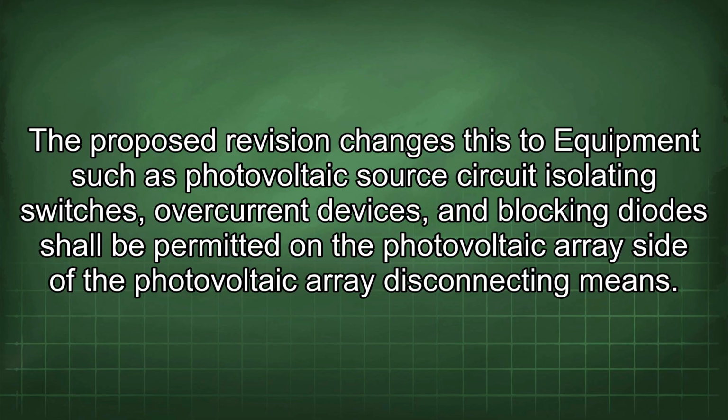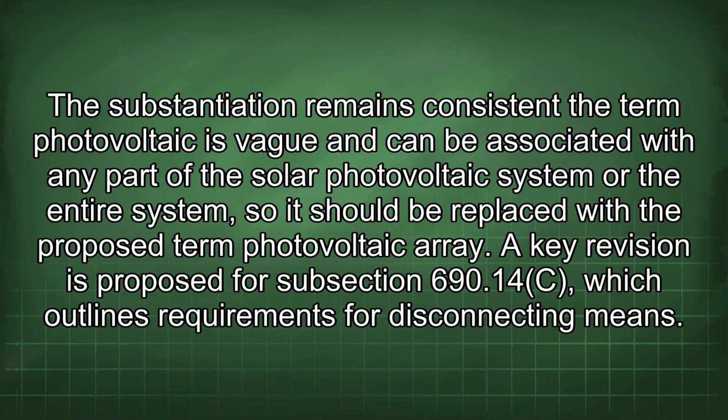The proposed revision changes this to equipment such as photovoltaic source circuit isolating switches, overcurrent devices, and blocking diodes shall be permitted on the photovoltaic array side of the photovoltaic array disconnecting means. The substantiation remains consistent. The term photovoltaic is vague and can be associated with any part of the solar photovoltaic system or the entire system, so it should be replaced with the proposed term photovoltaic array.